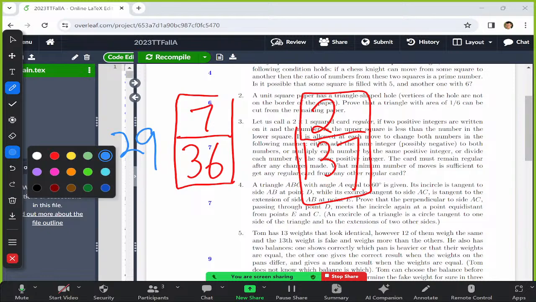And what's the difference here? 135. Okay, so how can we get 29 and 135 to be the same? That's 1 equals 2.